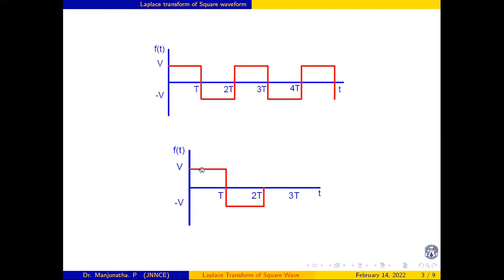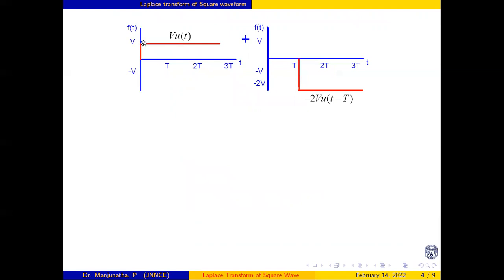So this will be made up of unit step functions. From 0 to T, its magnitude is V, and from T to 2T, its magnitude is minus V. Define a unit step function with the magnitude of V, so V times u of t.